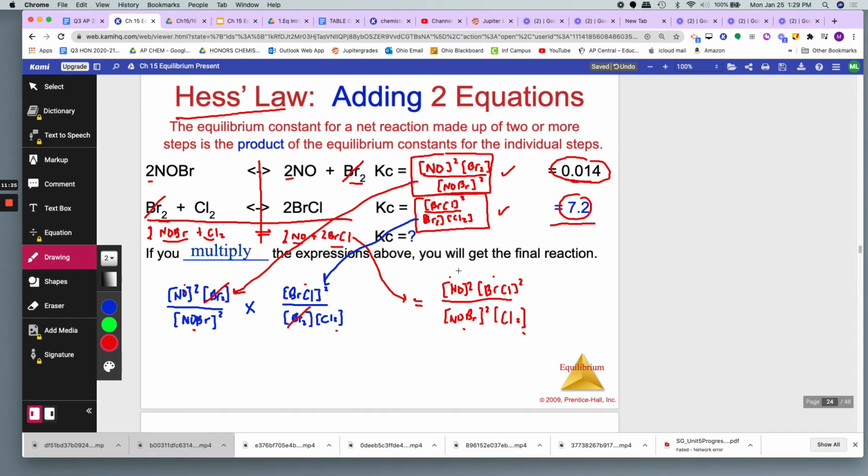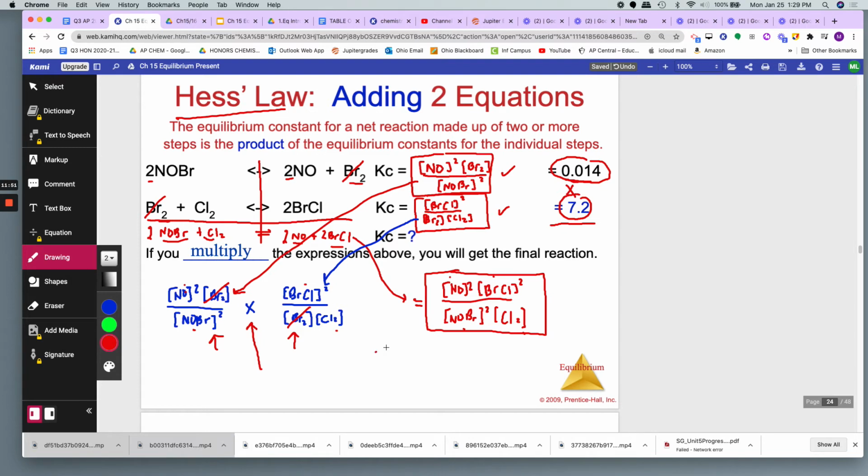So to get this final equation, what did we do to the two reactions? We multiplied them. Okay, so therefore, what must we do to the two Kcs? Yes, we must multiply them. Okay, so 0.014 times 7.2 equals 0.1008.